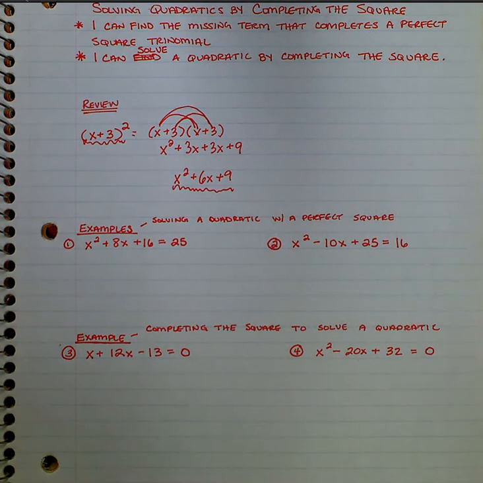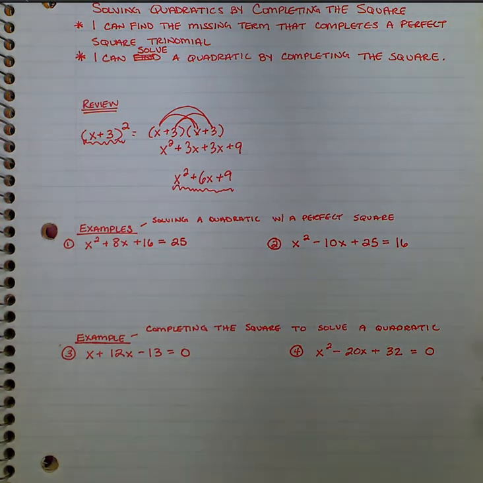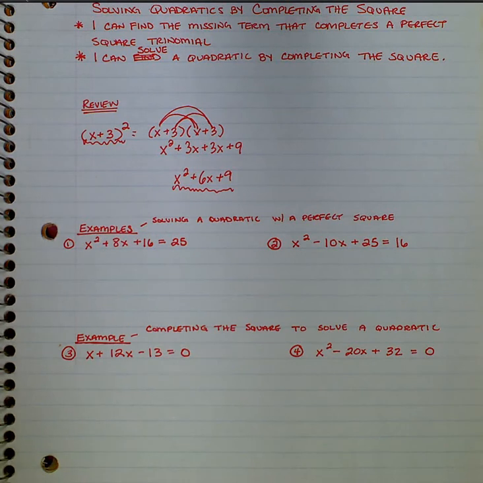So here we go. We are going to solve a quadratic using square roots. I'll show you how we can use square roots if there is a b value. We can do this if there is a perfect square.